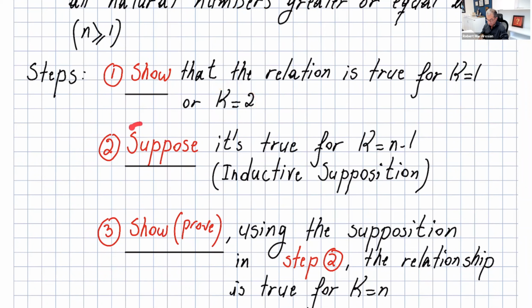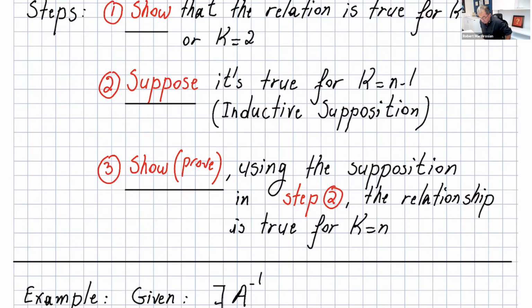Then step number 2, you suppose it's true for k equals n minus 1, and that's called the inductive supposition. Then by using step 2, you prove that the relation is true for k equals n.